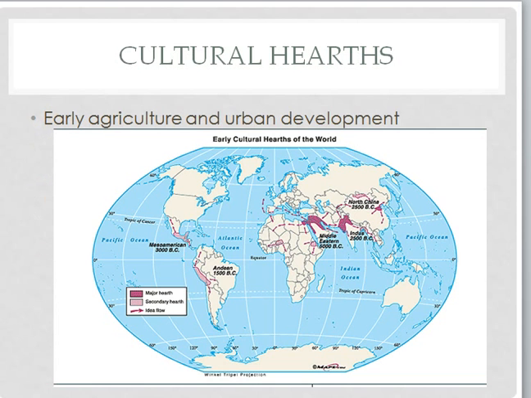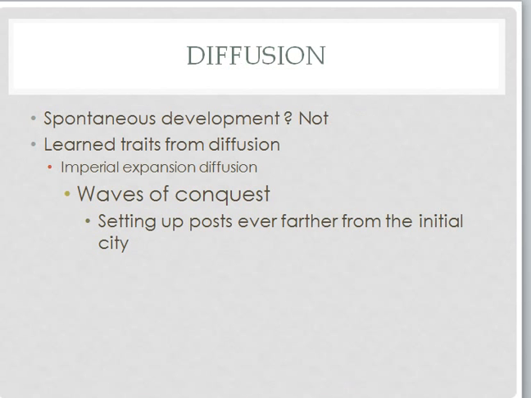So when we go back to this map, you can see these major hearths, or places where culture developed, as in Middle America, the Andean highlands, China, Pakistan, the Tigris and Euphrates, and the Nile. So it gives you all of those elements for the beginning of developed civilization.